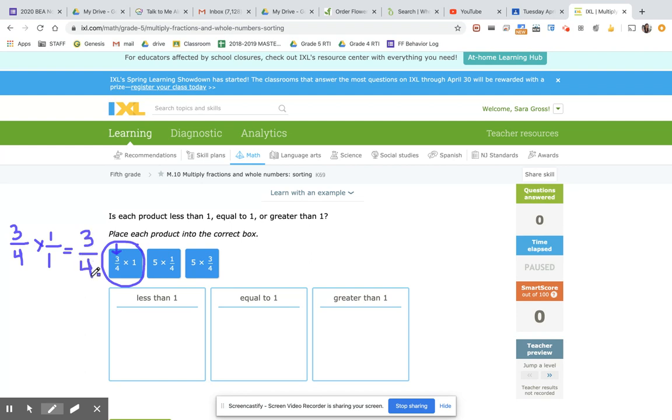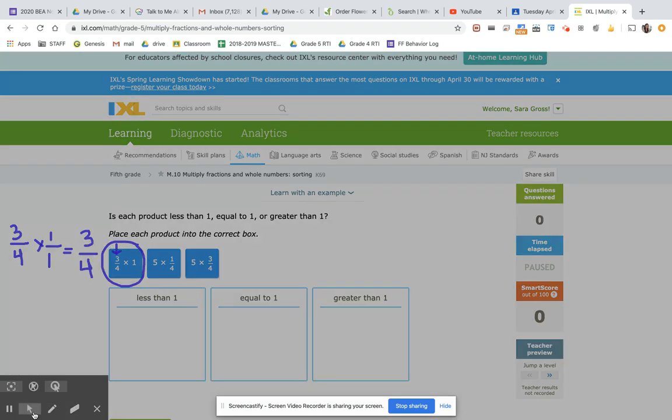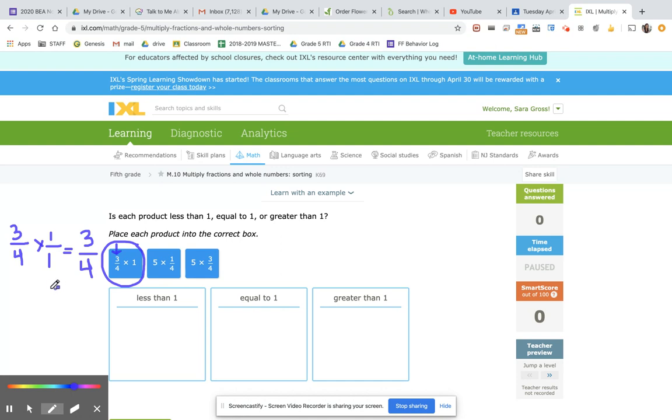And then ask yourselves, is 3/4 less than 1, equal to 1, or greater than 1? If you're not sure, just think about what 3/4 looks like. Here's a circle that's split into fourths, and if I colored in 3 of them, 1, 2, 3, then 3/4 times 1 will be less than 1 because my whole circle is not filled in.